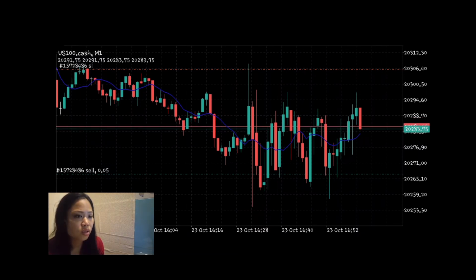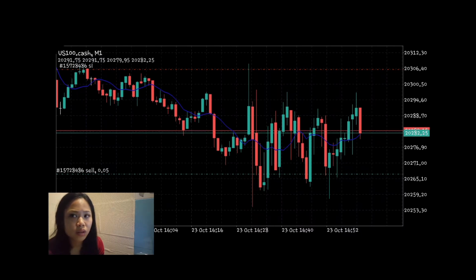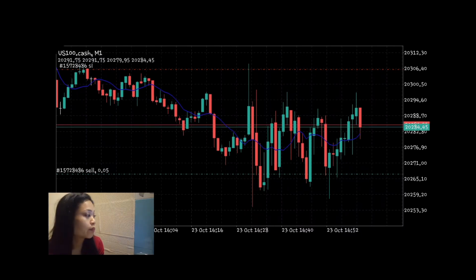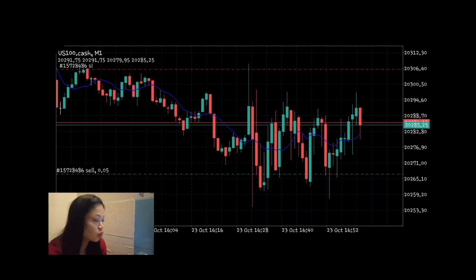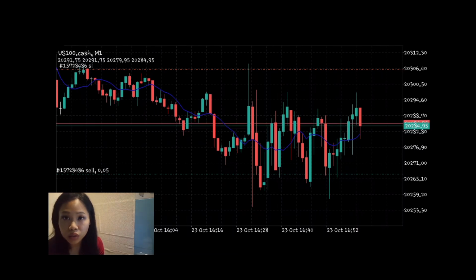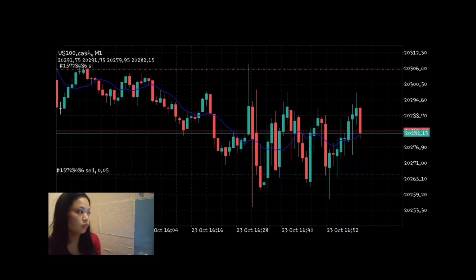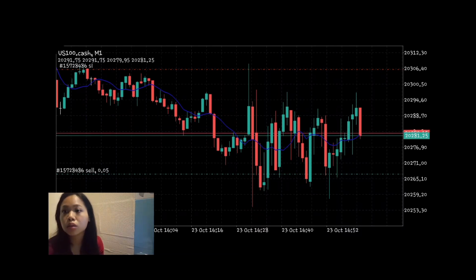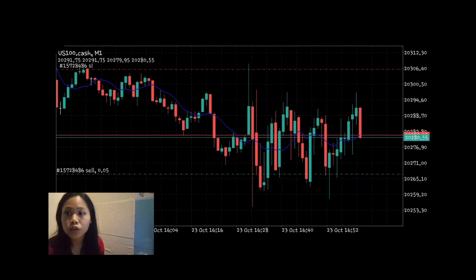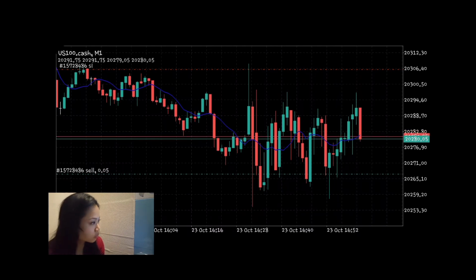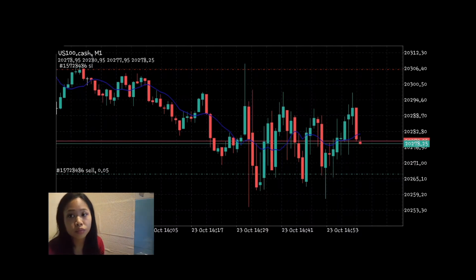I don't really want to watch. We have around 20 more seconds to see if this candle at the 1 minute will close under the 3-minute EMA. If it does, then we are still bearish. Well, it is under that EMA now.